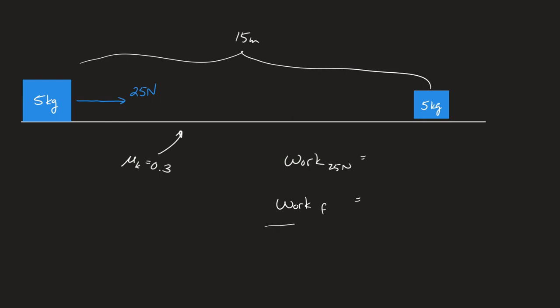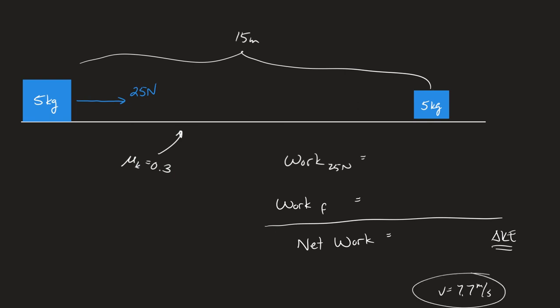I'd like you to use that to figure out what the net work is. How much is that? And then that has to be equal to the change in kinetic energy. That's what I'd like you to do. I mean, I'll tell you the answer. It's like 7.7 meters per second. I want you to try this route. I tell you, it's super straightforward.